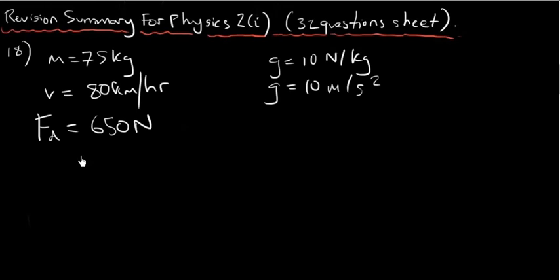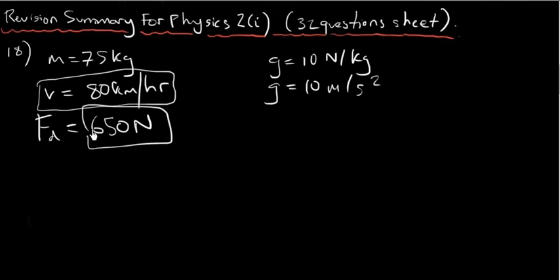The quicker you go, the more the drag force is. So that's why they've got to tell us at that speed what the force is. They say find the acceleration of the skydiver at that speed. So we don't really need the speed anymore. They've already told us the speed, and that at that speed this is the force. So that's what's important, to know the force going against him.